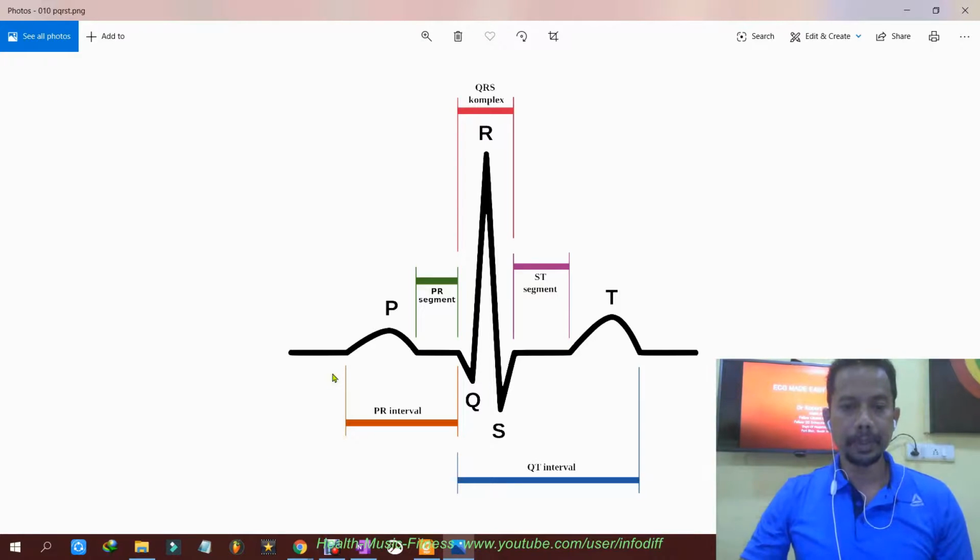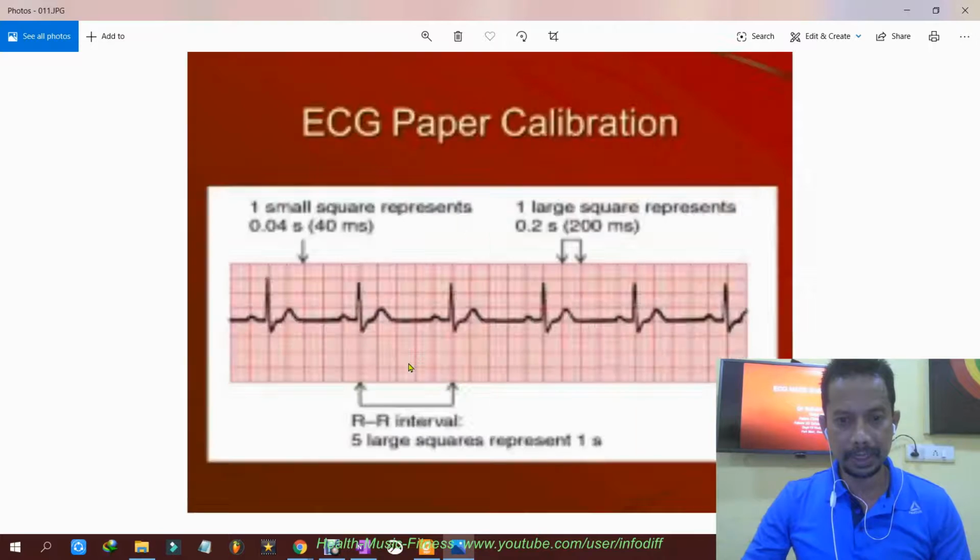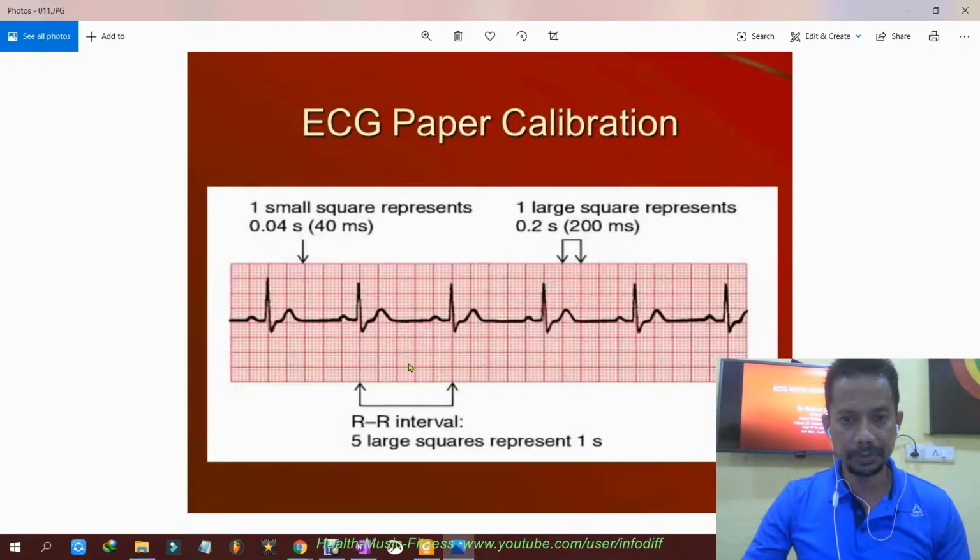Welcome back. So now we'll focus for some time on the P wave. In a normal lead where you see this type of P wave, the first half of the P is formed by the right atrium and the latter half by the left atrium, and the opposite of that you will see in lead V1. I will show you in lead V1.